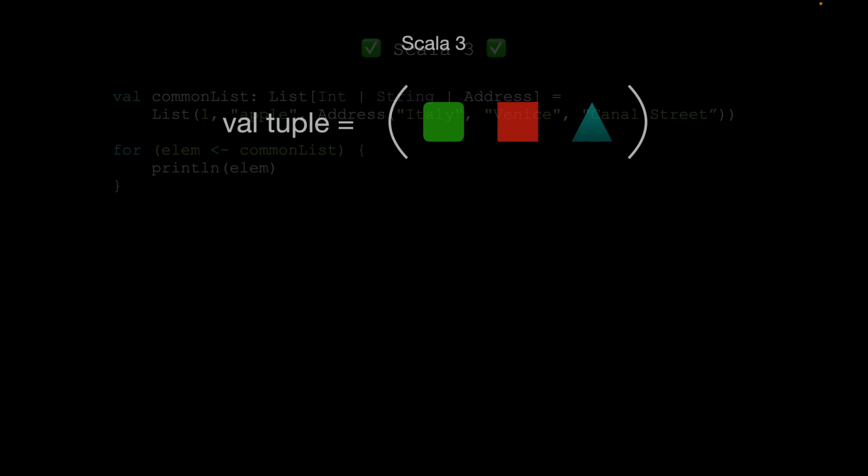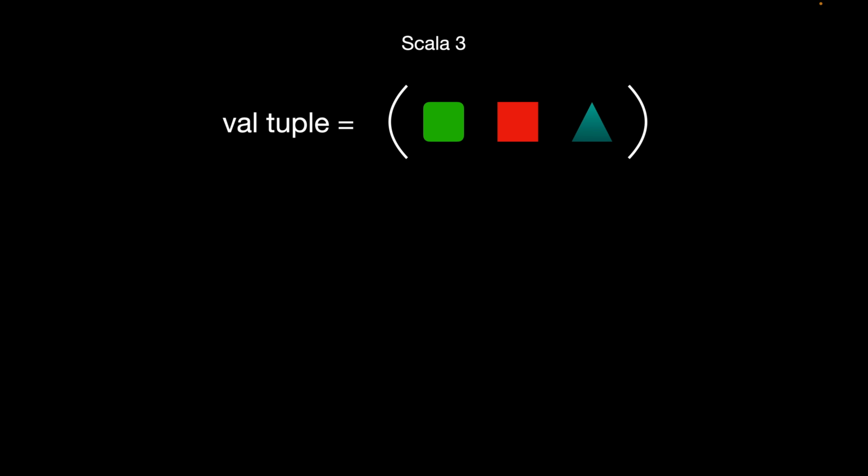We can define tuples. Tuples are just a container of some data. We can hold data within this container, and this data can be of different types. And we do not need to specify types for it. We just define the data itself.